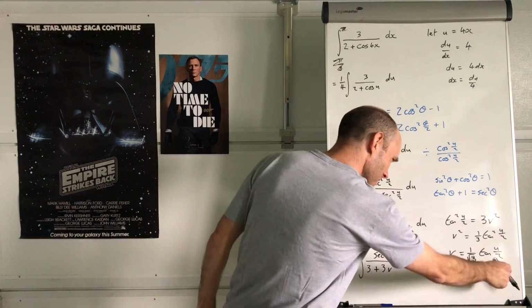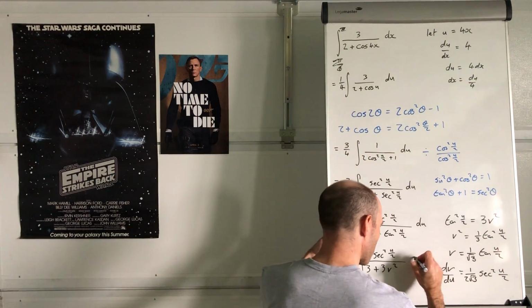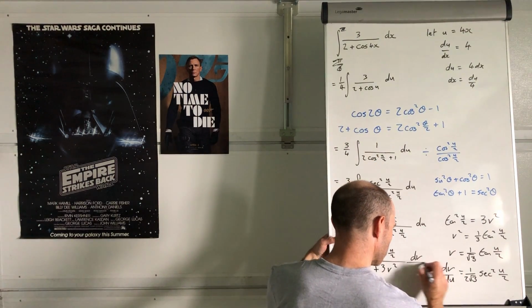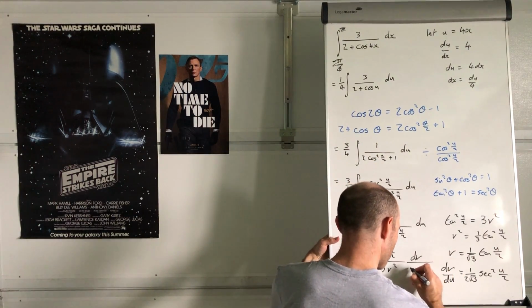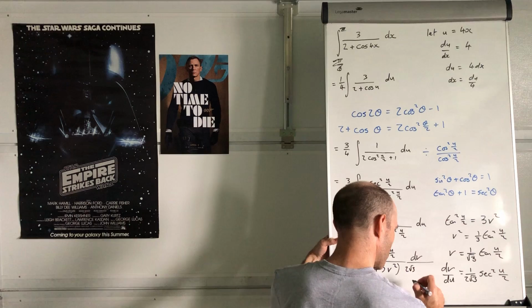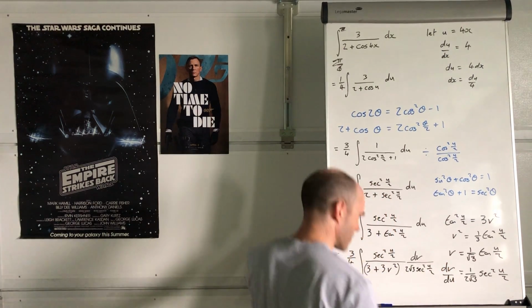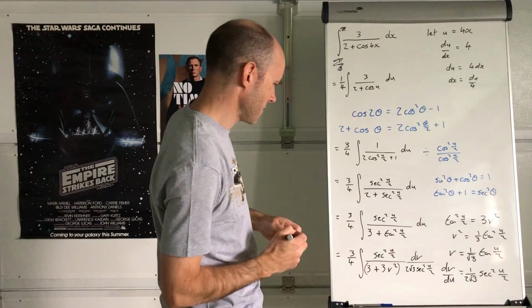I always put the du there and then the dv over. So it'll become dv over 2 root 3, let's put it in brackets just to make it clear, 2 root 3 sec squared u over 2. Yes, I can just about squeeze it on.